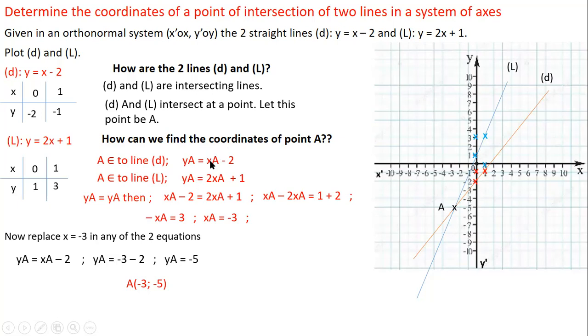So I take this side equal to this side and I find the abscissa of A. To find the ordinate of A, I take any of these two equations, the first or the second, and I replace the abscissa of A in it to get the ordinate of A. Any question, guys?